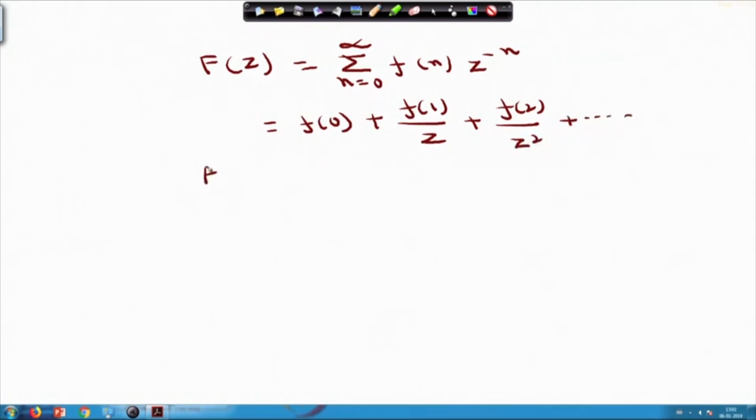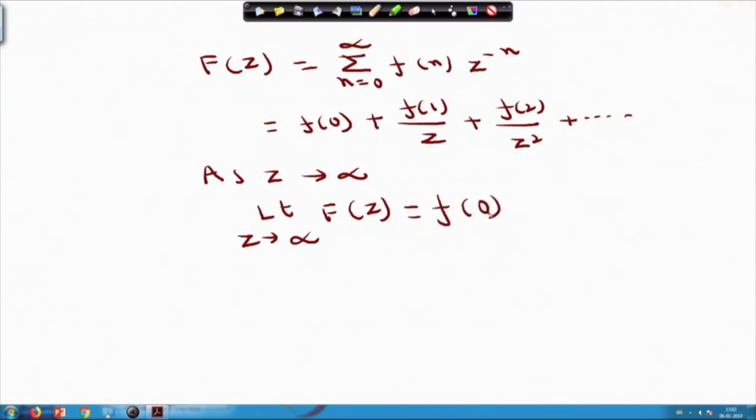As z approaches infinity, all terms will vanish except the first term, that is f 0. So, this completes the proof of the initial value theorem, that the limit as z approaches infinity of F z equals f 0.